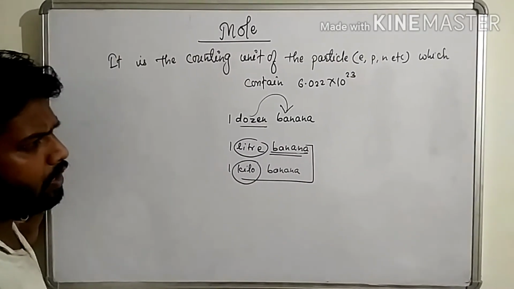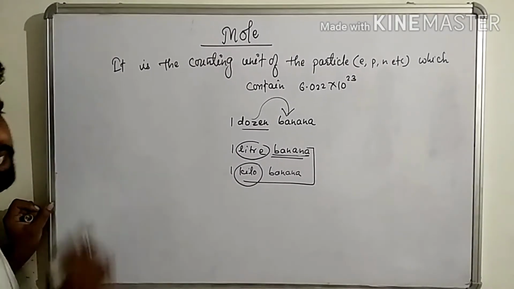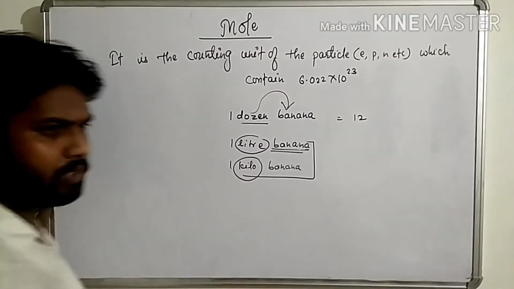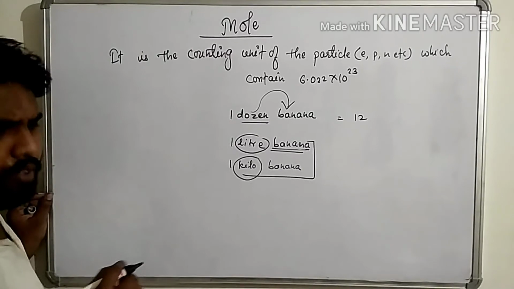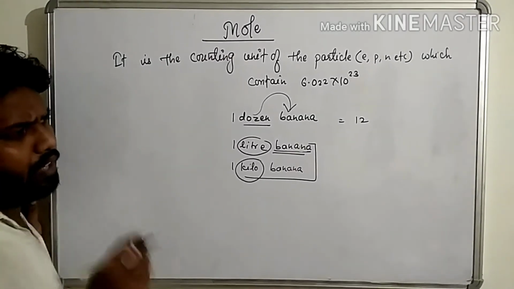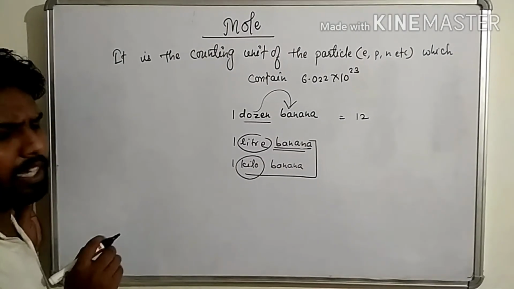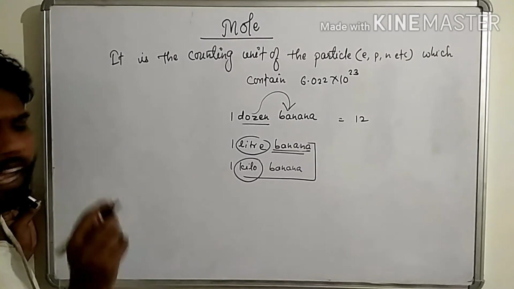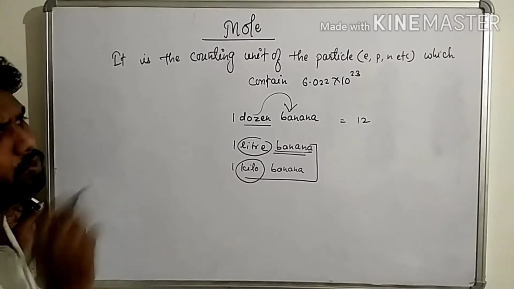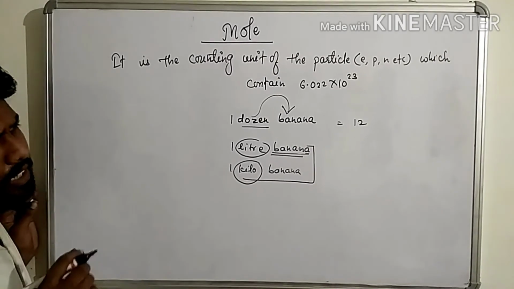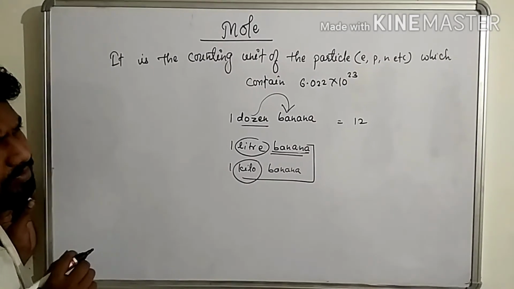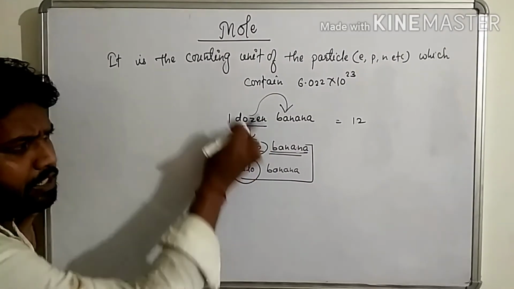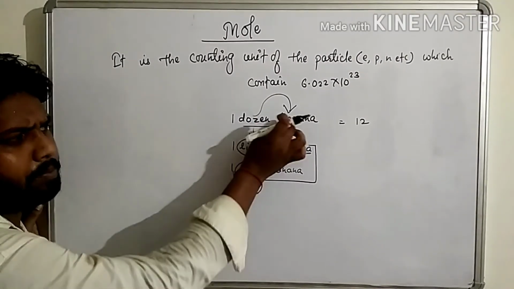And 1 dozen bananas contains only 12 bananas. When you buy 1 dozen bananas anywhere, he will count only 12 bananas and give them to you. So children, dozen here represents the specific unit for this substance.